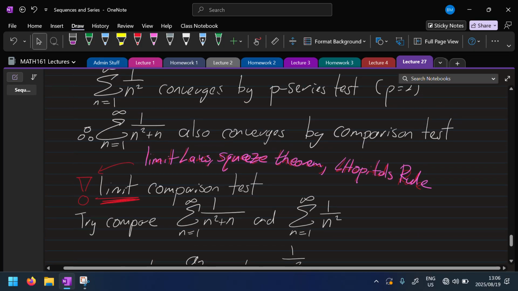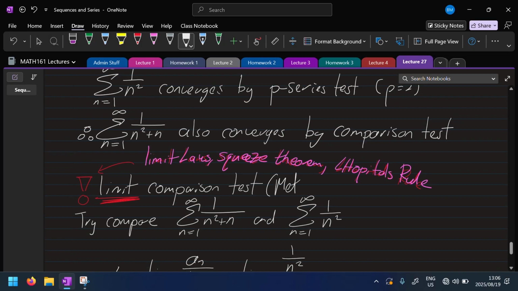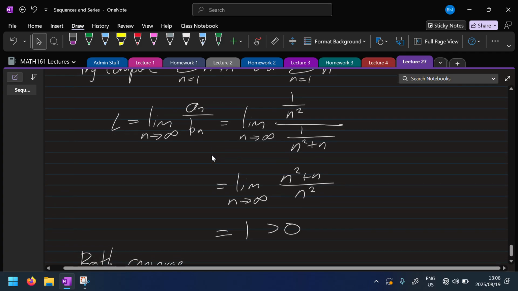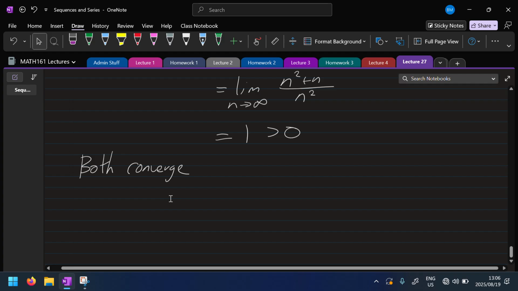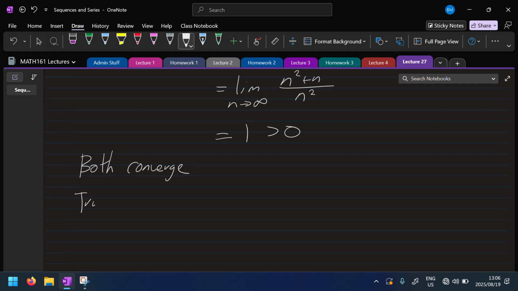Sorry, this was method 3. So we got method 1, method 2, method 3. So if the question's out of 5, now you've got 15 out of 5. Or whatever it's out of. You can try with other things now. So try the integral test. That's another 5 if you can do that. Also try the ratio test.